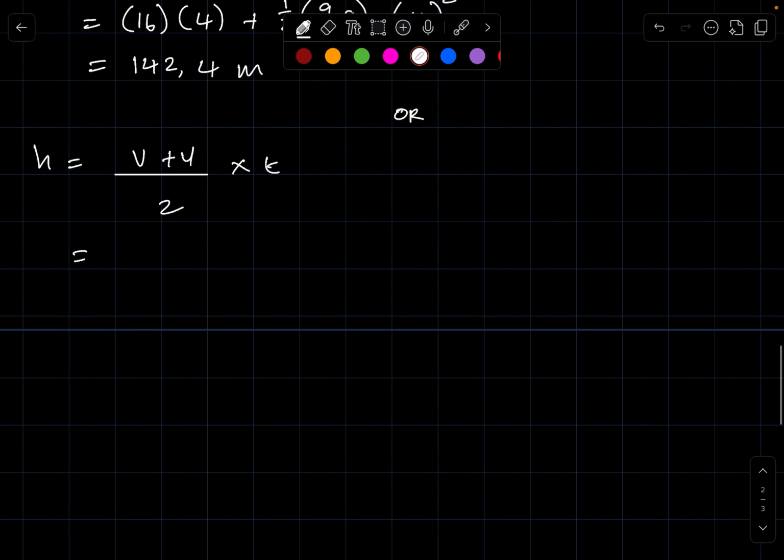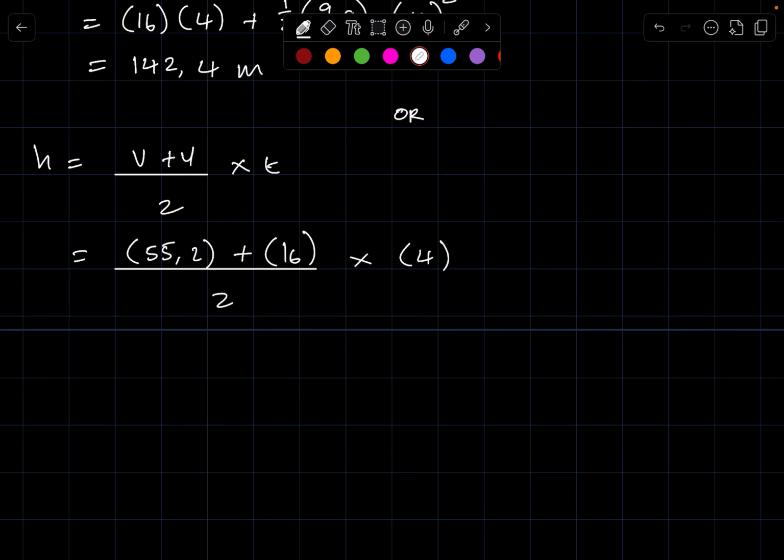So this will be 55.2 plus the u, which is 16, divided by 2, times t, which is 4 seconds.